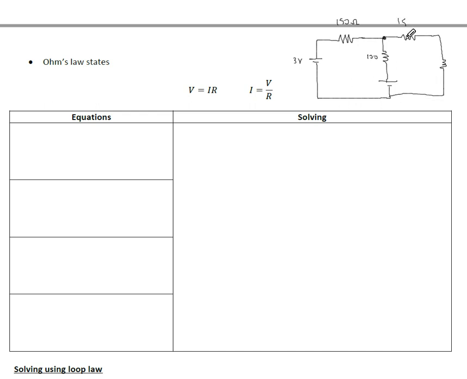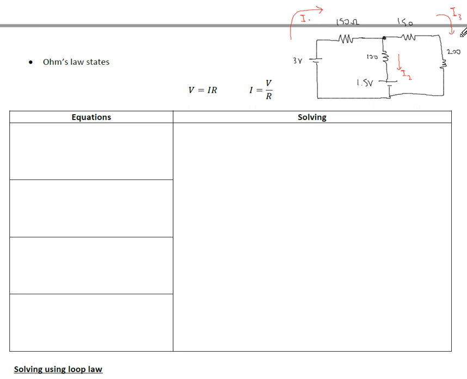So 150, 200, 1.5. I defined the current as traveling this way. This is I1 going in this direction. I said I2 is going down, and I3 is going around this clockwise direction. Again, you just take a guess, it doesn't really matter.